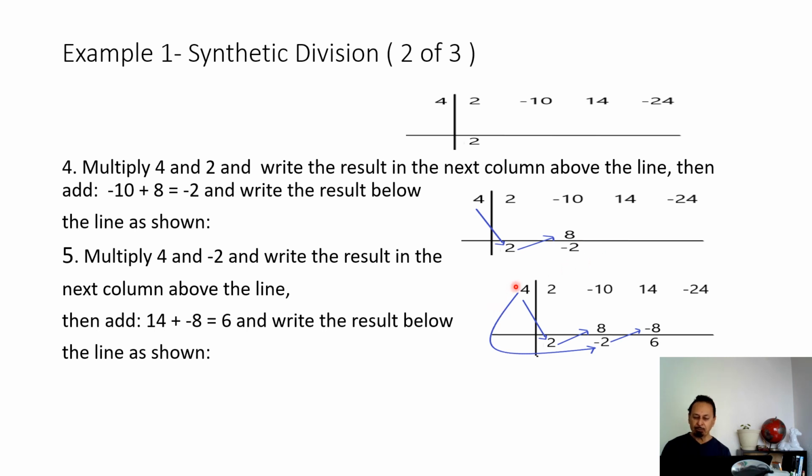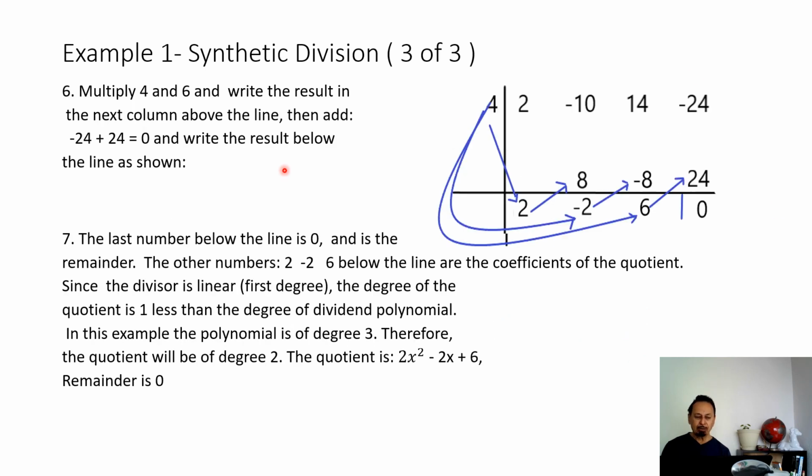Now you multiply 4 with negative 2, you get negative 8 in the third column, and you add and you get 6. Now you multiply 4 with 6 and you get 24, add it to minus 24, you get 0, and we are done.